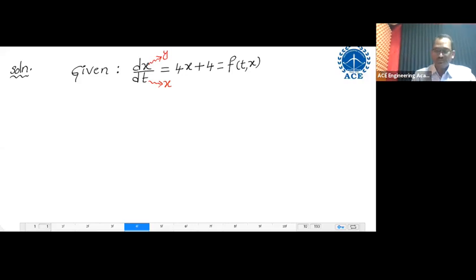It is 4x plus 4, yes, it's my mistake only. f of x comma y, x means t, y means x.